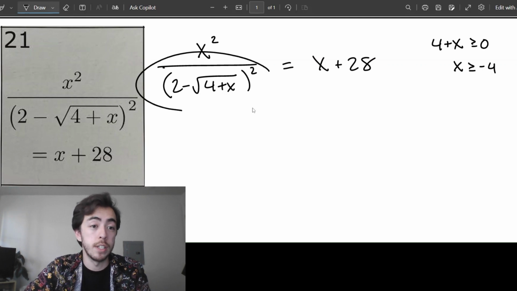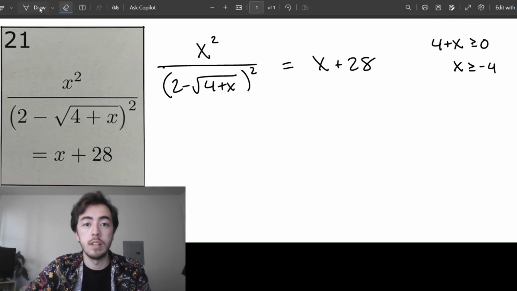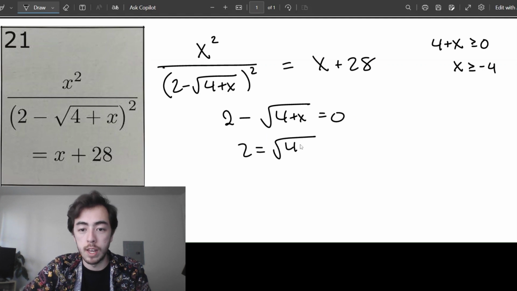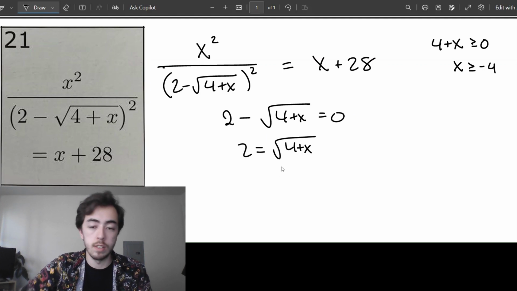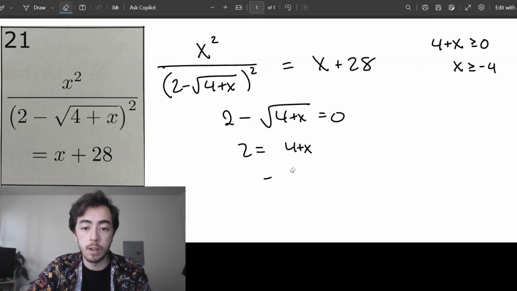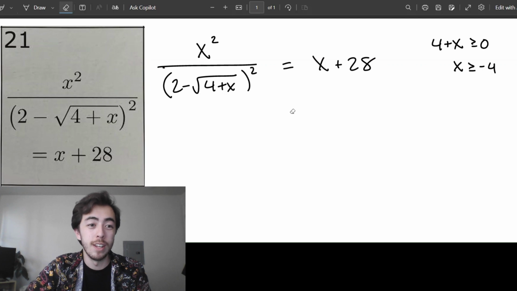I also have a fraction on this side, and so I can't let that denominator equal 0. So I'll just set it equal to 0 real quick just to see what happens. I could say that root 4 plus x needs to be 2 to get a 0 in the bottom. I could square both sides, and then that shows me that x being 0 is an issue because then that makes us divide by 0 overall in the denominator there.